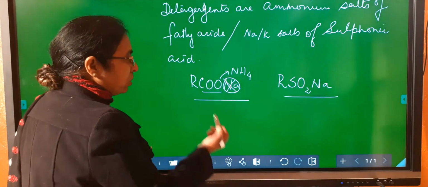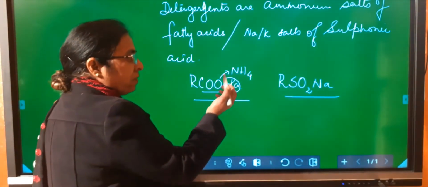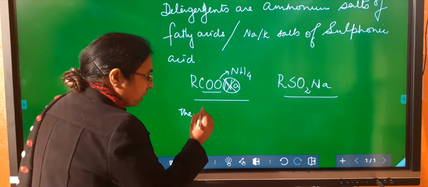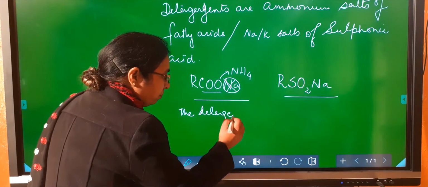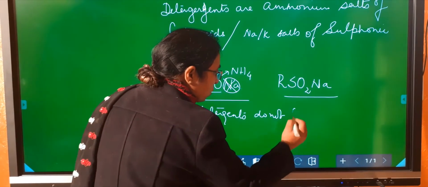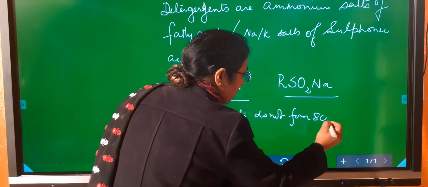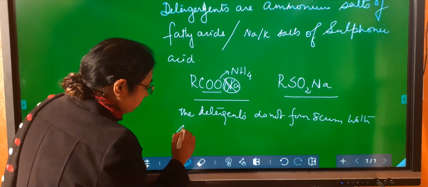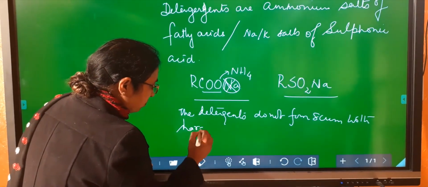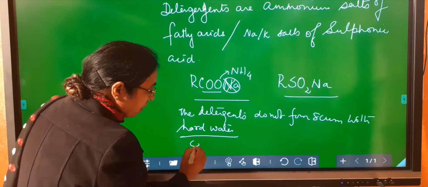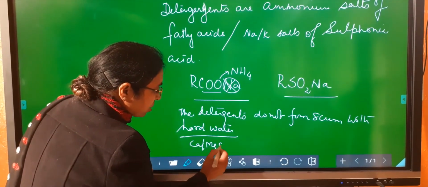Now these detergents do not form scum with hard water. Hard water means water with dissolved calcium or magnesium salts.